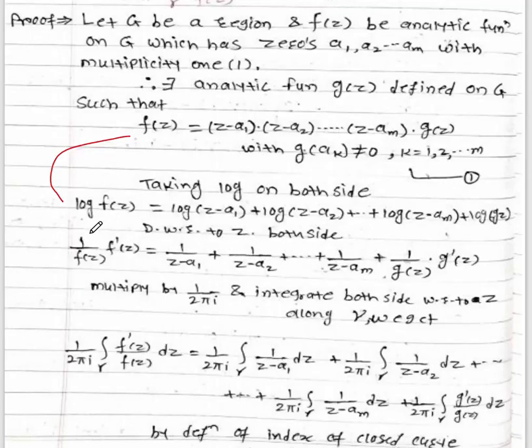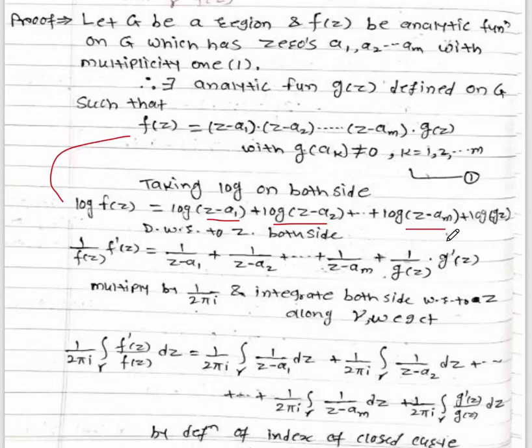So what is the derivative of log f(z)? That is 1 upon f(z) into the derivative of f(z), that is f'(z), equal to the derivative of log(z minus a1), that is 1 upon (z minus a1) into the derivative of this term, that is 1, plus the derivative of log(z minus a2), that is 1 upon (z minus a2) into 1, plus and so on.